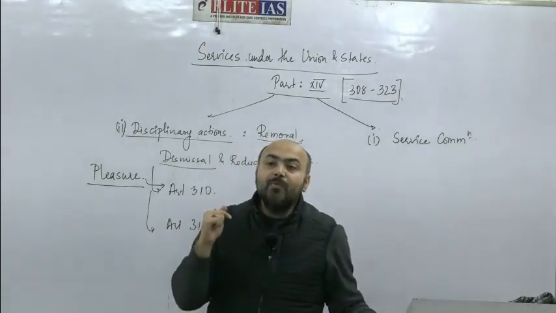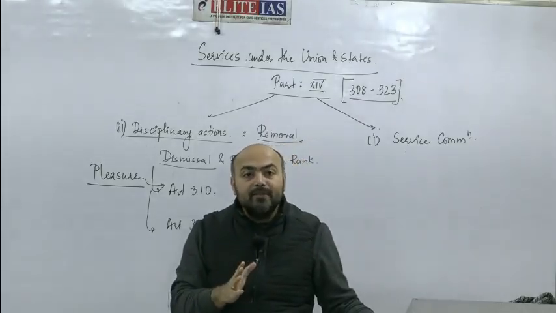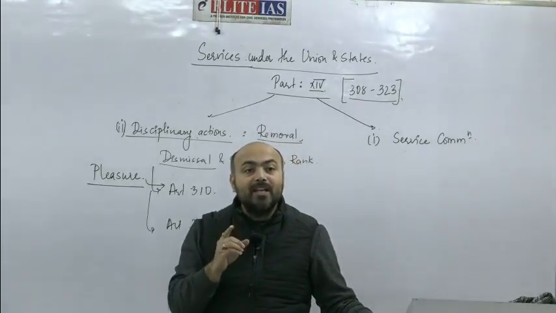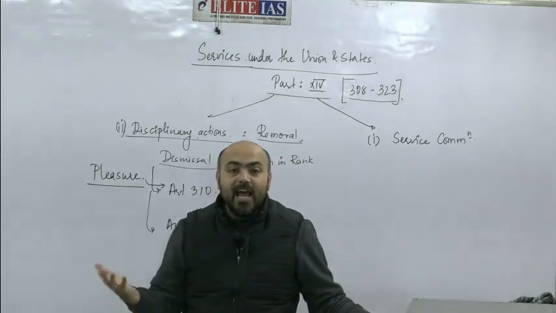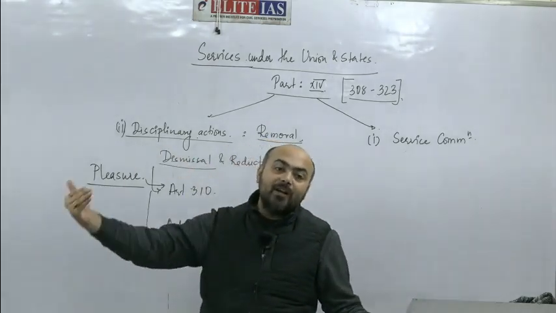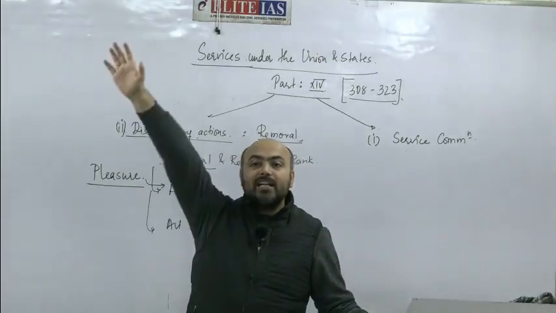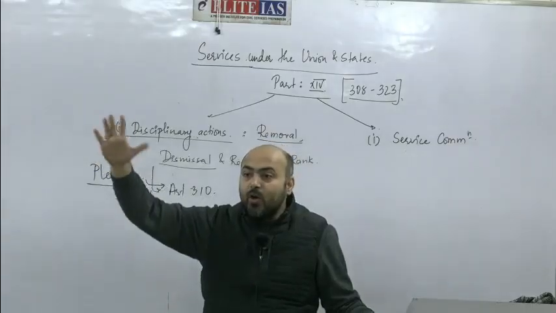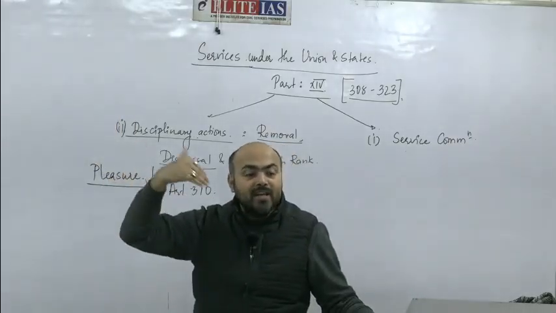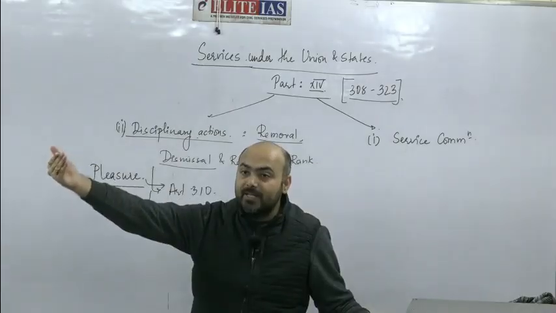Similarly, the members of central services are to be removed only by the president. Why? Because they are appointed by the president, and we have already seen as part of our discussion under Article 53 of the Constitution that the president is the chief executive authority. No executive office is above the office of the president.